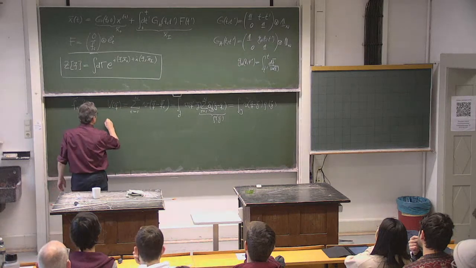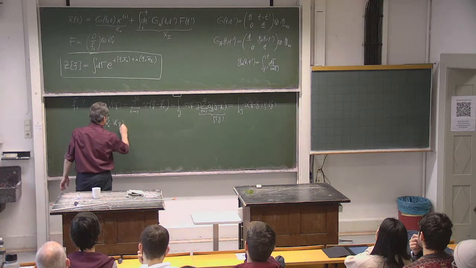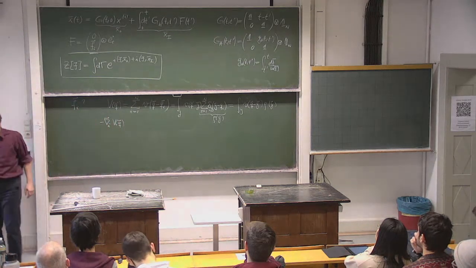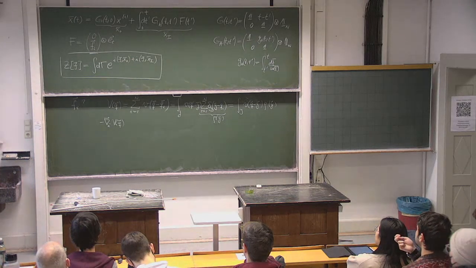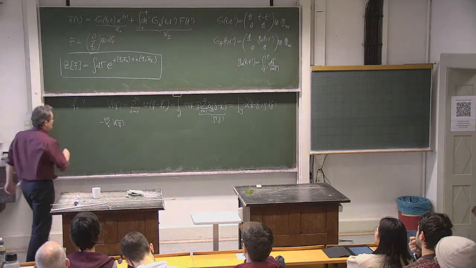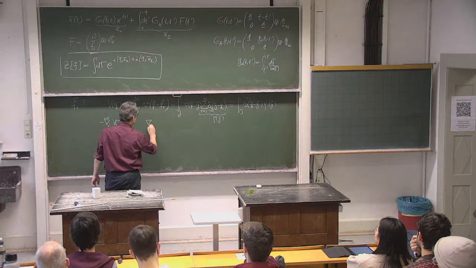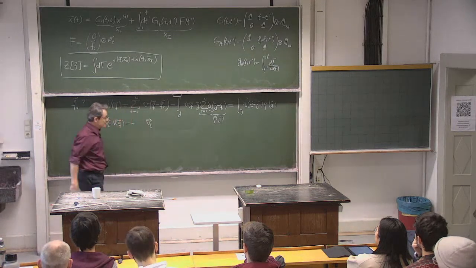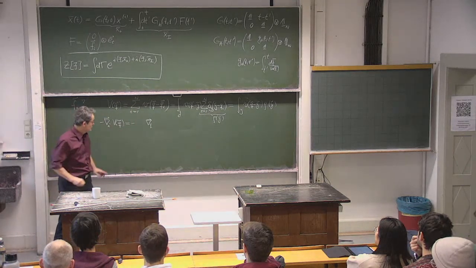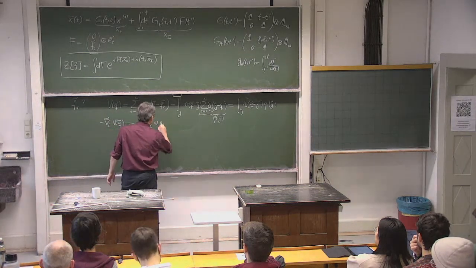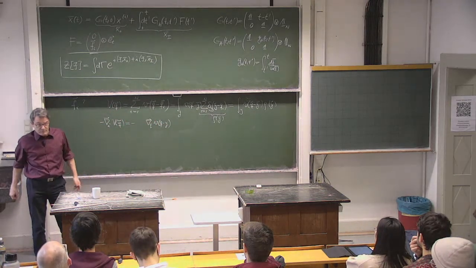So if I now want to know what is the force acting on the particle I caused by this potential here, then I would do the following thing. I would take minus the gradient with respect to Q, not Qi, with respect to Q, of the one particle potential.